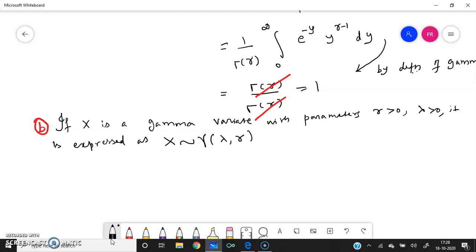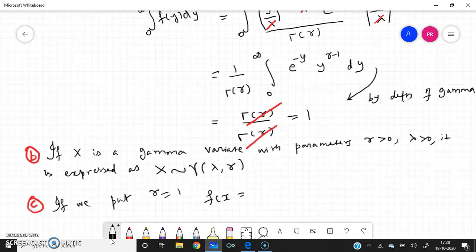Now we'll see remark C. If we put r equal to 1, what will you get in the PDF of the gamma distribution?